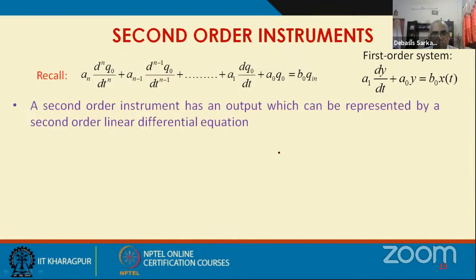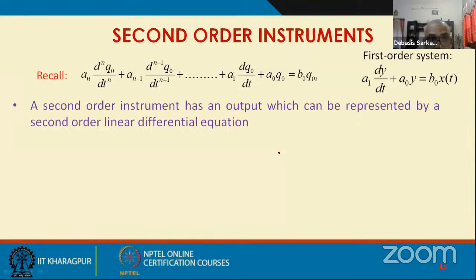Now, you know that a first order system can be mathematically represented by a first order ordinary differential equation with constant coefficients.